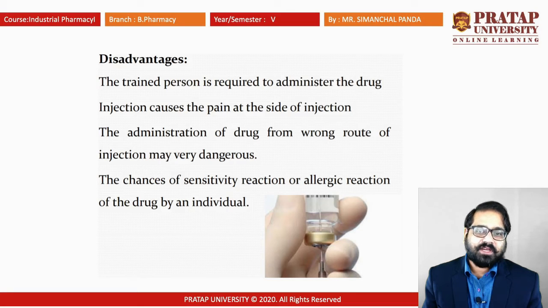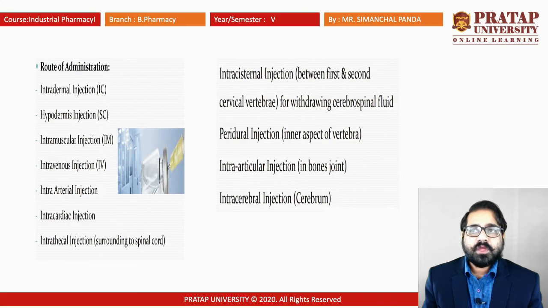But if you give it directly through the IV route, it may be very difficult to neutralize it. If some sensitivity or allergic reaction takes place in an individual, there may be such chances if the drug is given through the parenteral routes.